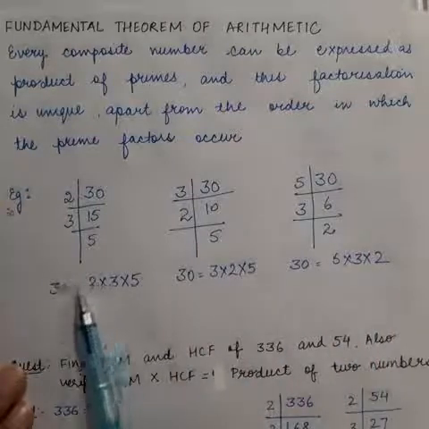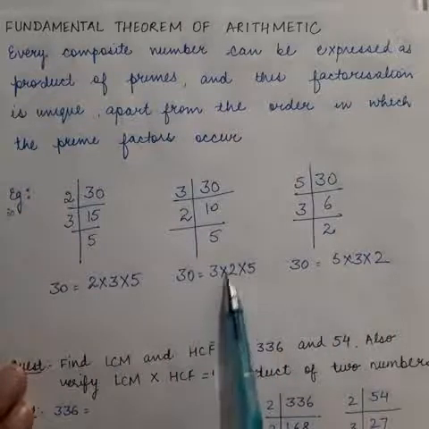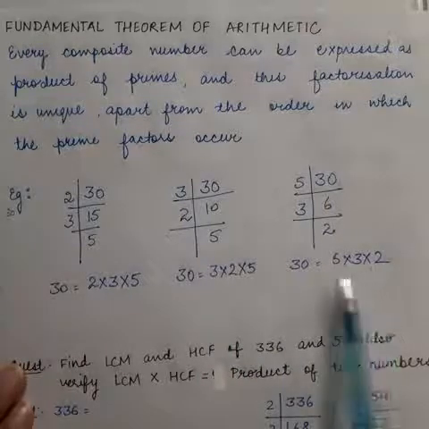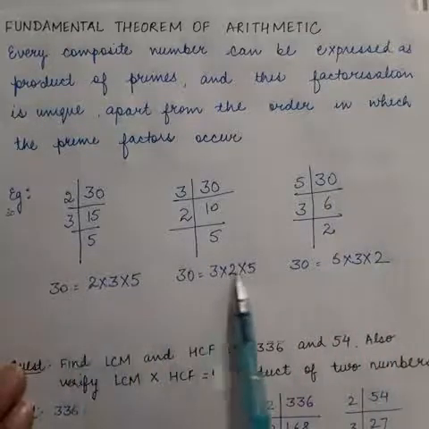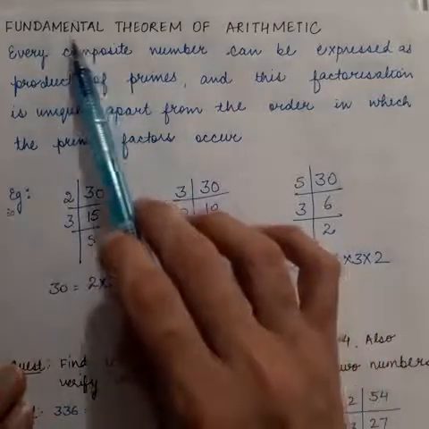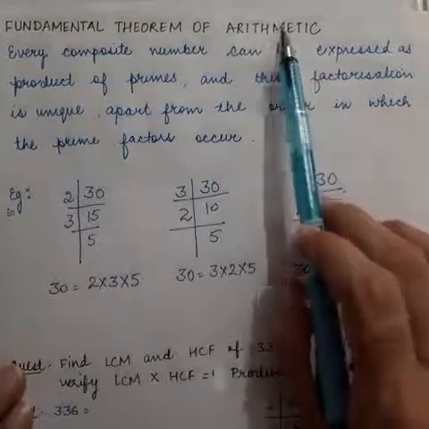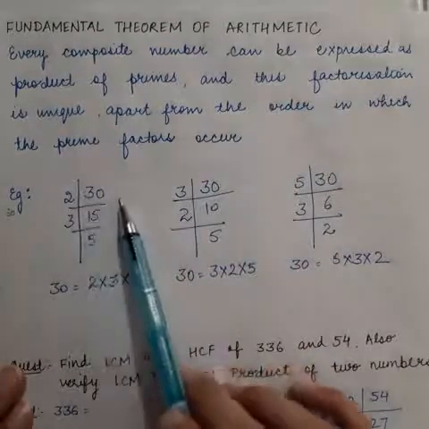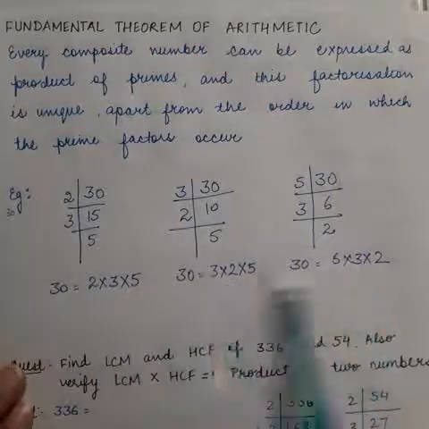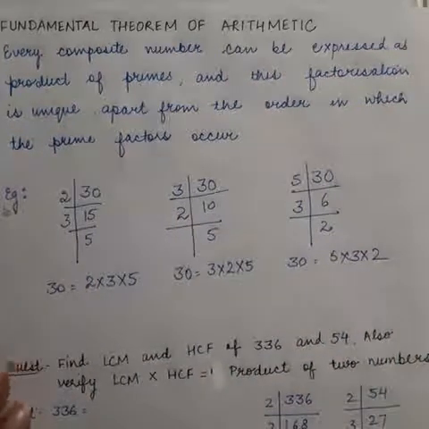Herein we have the first factor as 2, herein 3 as the first factor, here 5 as the first factor. All the prime factors are the same, but their order is changed. So this is the fundamental theorem of arithmetic: we can always express a composite number as a product of primes, but this prime factorization can have a varied order.